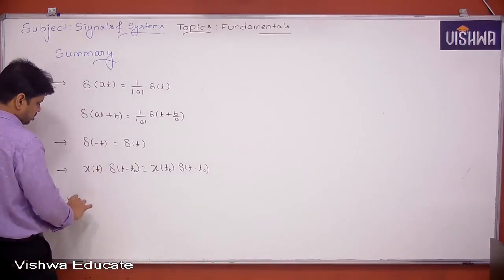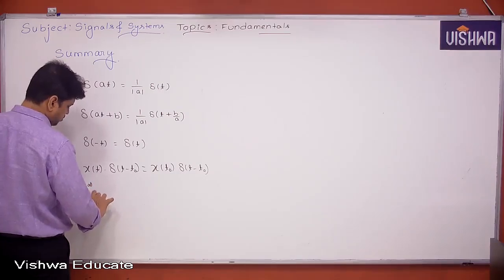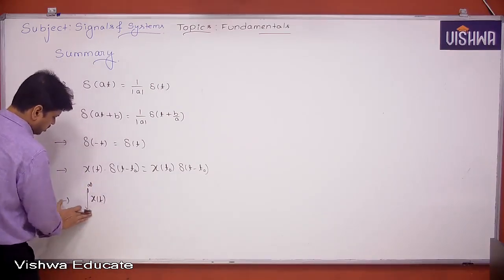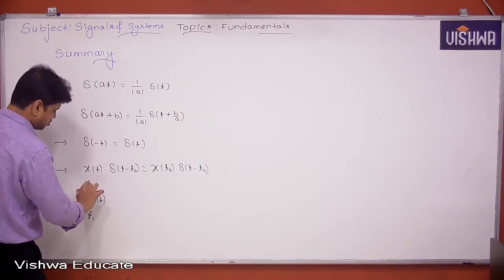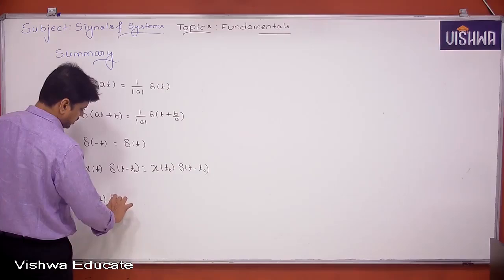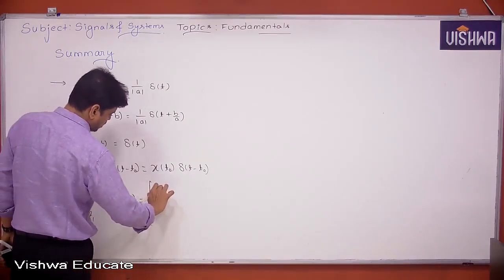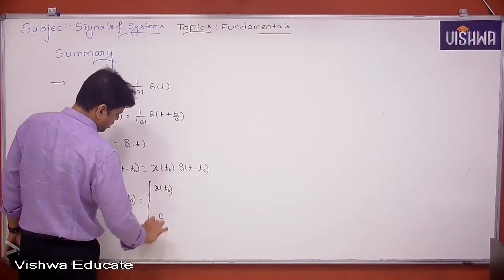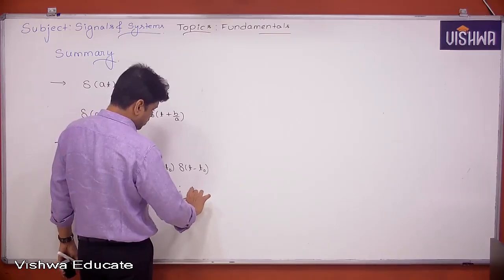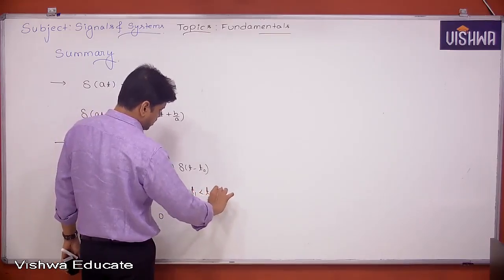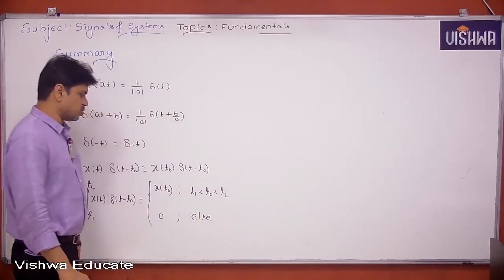Suppose the integral from minus infinity to infinity, or in general t1 to t2, of x of t delta t minus t naught. Its value may be x of t naught or it may be 0. It is x of t naught if t1 less than t naught less than t2, otherwise its value is equal to 0.